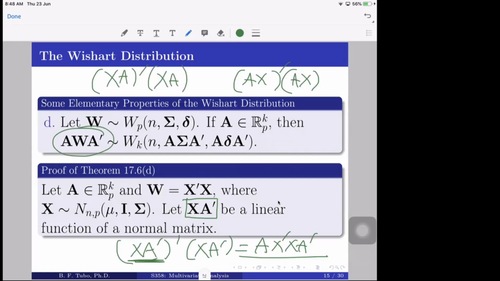So the correct term is xa prime para mo gawas ning a x prime x a prime, which is awa prime. Correct? So this is what I'm pointing out. Okay, I hope you understand. You got my point.